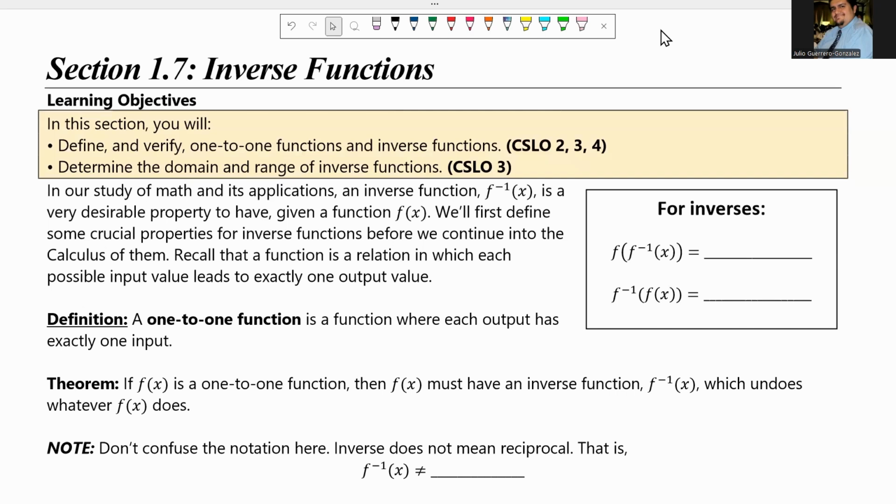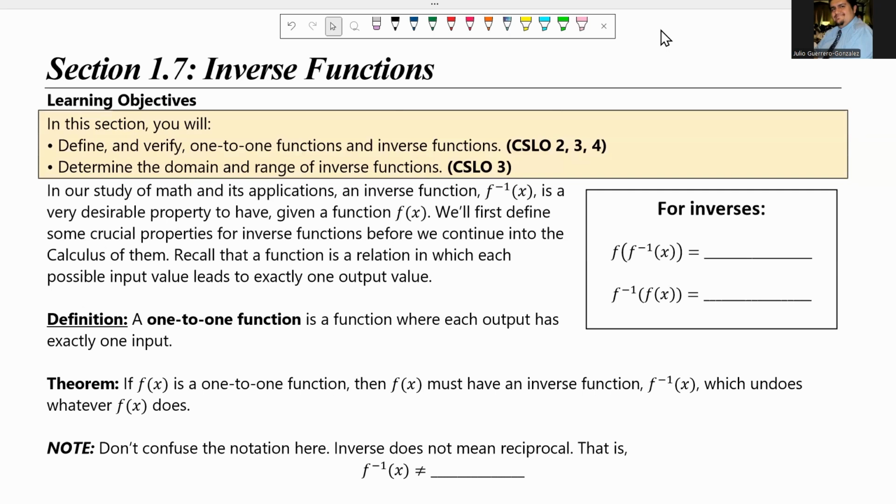In this section, what we're going to cover is something that's really nice to have when looking at mathematical formulas and mathematical functions. Suppose you had a function f of x. It would be really nice to have another function that undoes what f of x does.